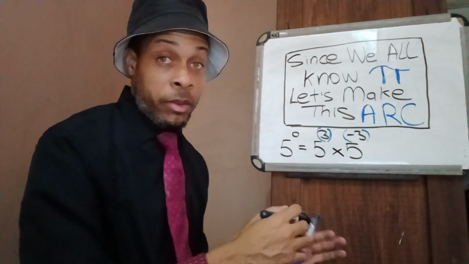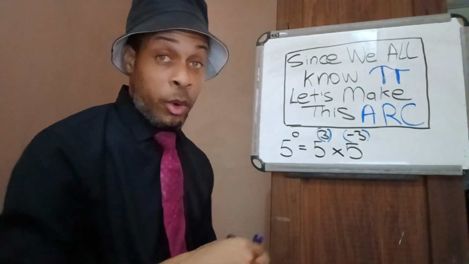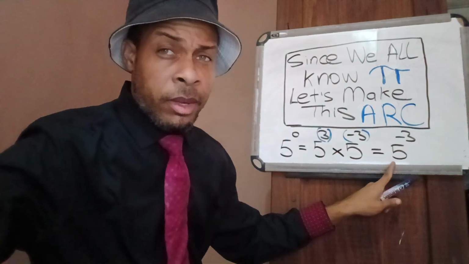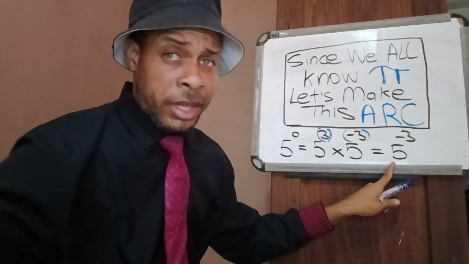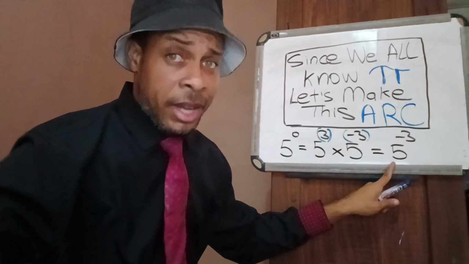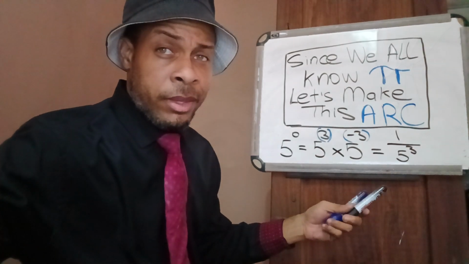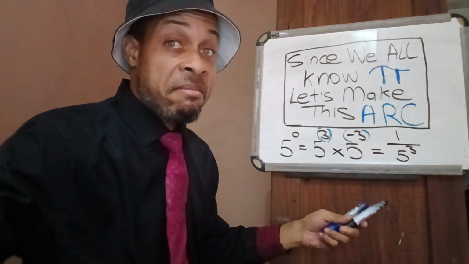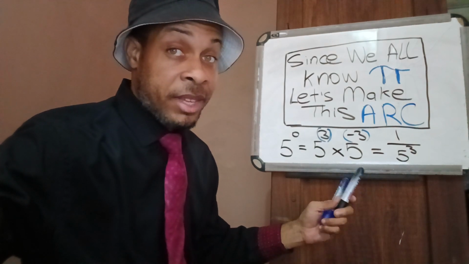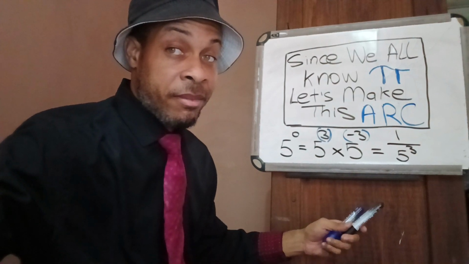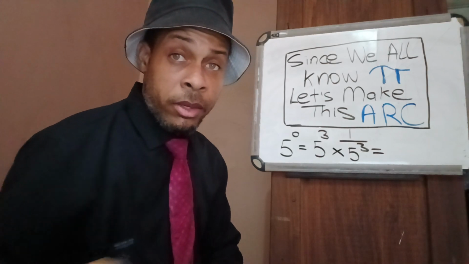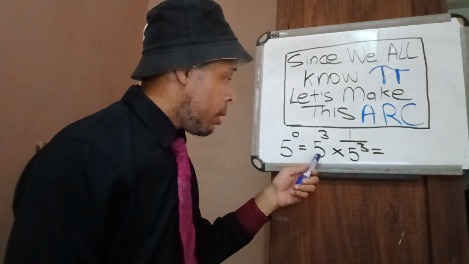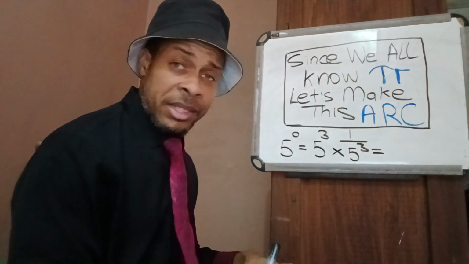Now, one more thing before we close. A raised to the minus n is the same as 1 over a to the n. So that's the same as 1 over 5 raised to the 3. You see? So let's change this into that. Okay. So, what now? These will cancel.